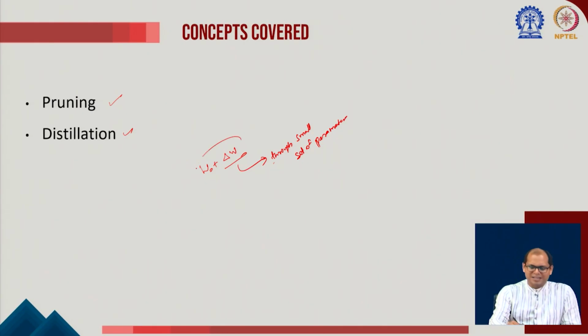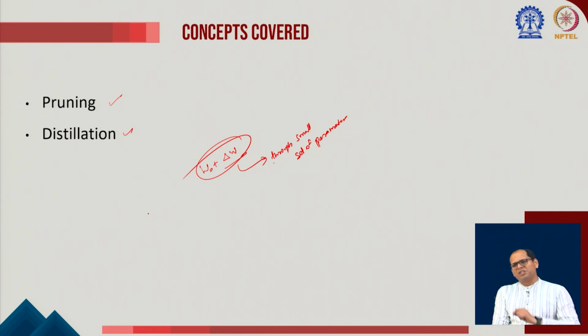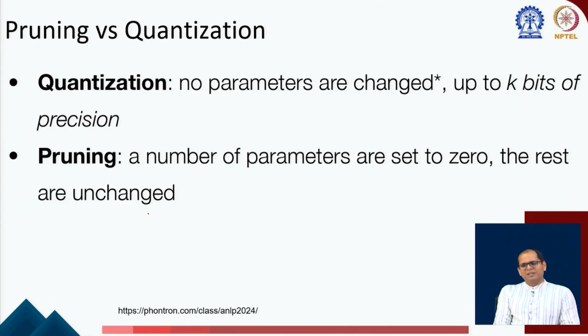Why can't I reduce the entire parameters altogether? This will also bring in efficiency at the inference time, because right now this helps in the fine tuning time, but at inference time you still have to use the same original big matrix. So can we reduce the number of parameters of the model altogether? Both these techniques, pruning and distillation, help in that. Let's talk about them one by one.